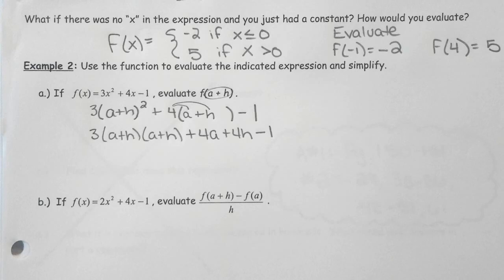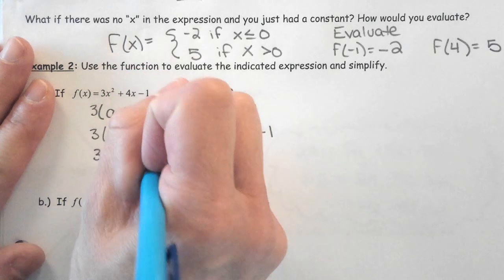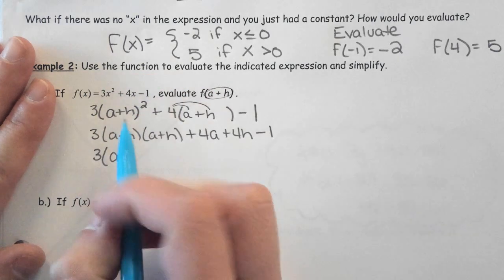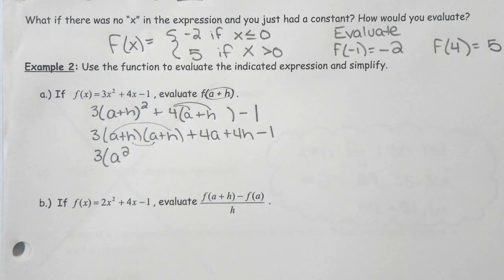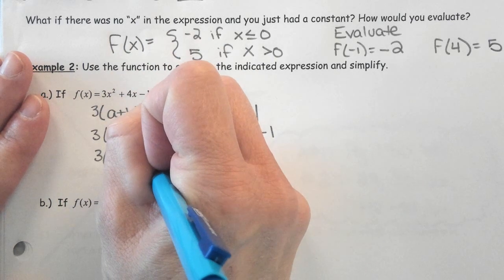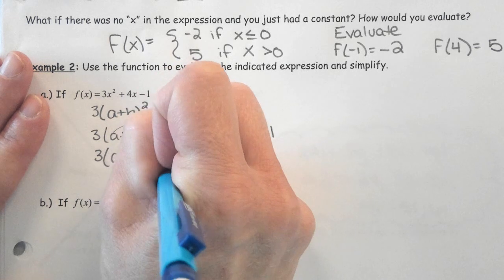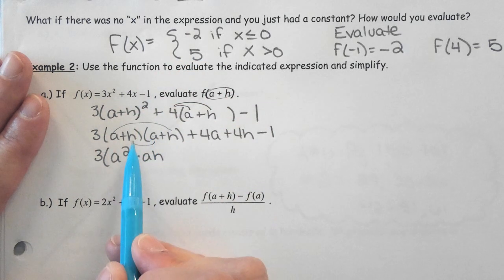Alright, I'm going to FOIL these. I'm going to get a times a is a squared. ah plus ah. How many ah's do I have? Bless you. 2. It was almost like you said it as you sneezed. 2. Yes, 2.